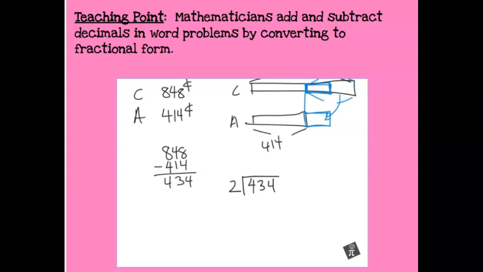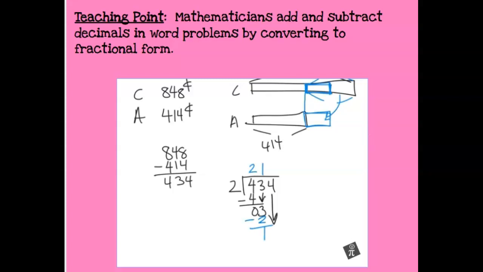And you've got 2 goes into 4 hundreds twice. So that's 4 hundreds, and you have no hundreds left over. So now we have 3 tens. So 2 goes into 3 tens once. So that's 2 tens. And you have 1 ten left over.